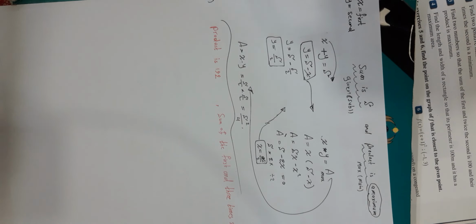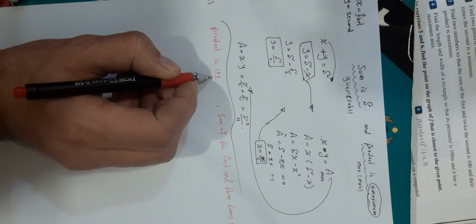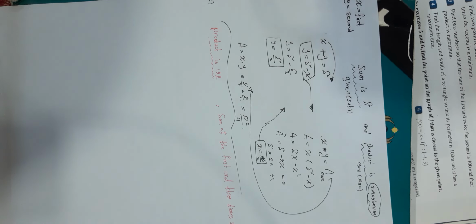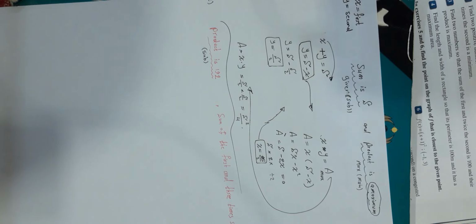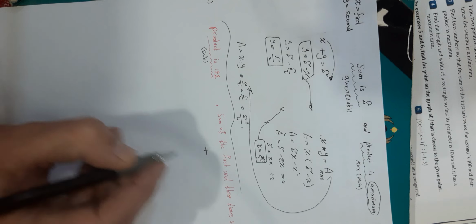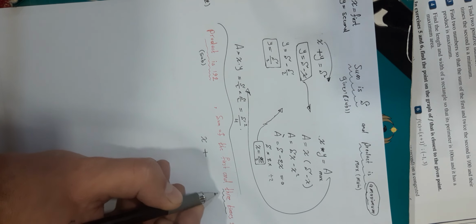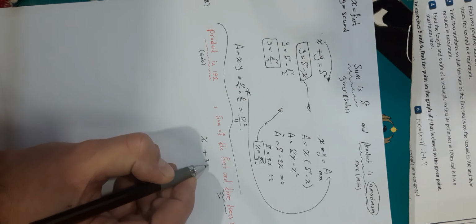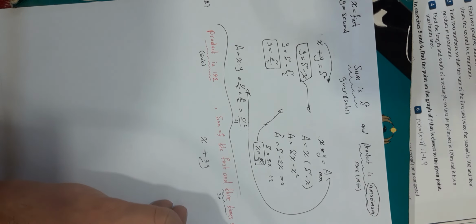About example 2, find two positive numbers whose product is equal to 192. The product is given, so it is a sub equation. And the sum of the first, meaning x, and 3 times the second, meaning y, is maximum, so that is the main equation.